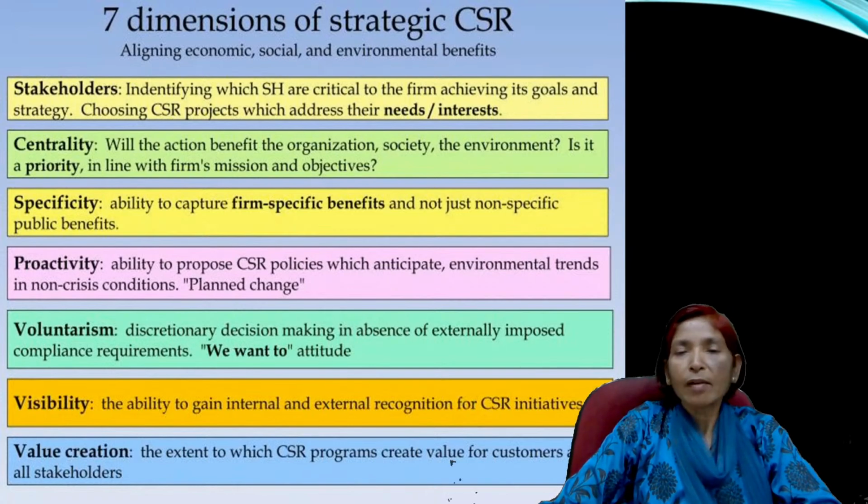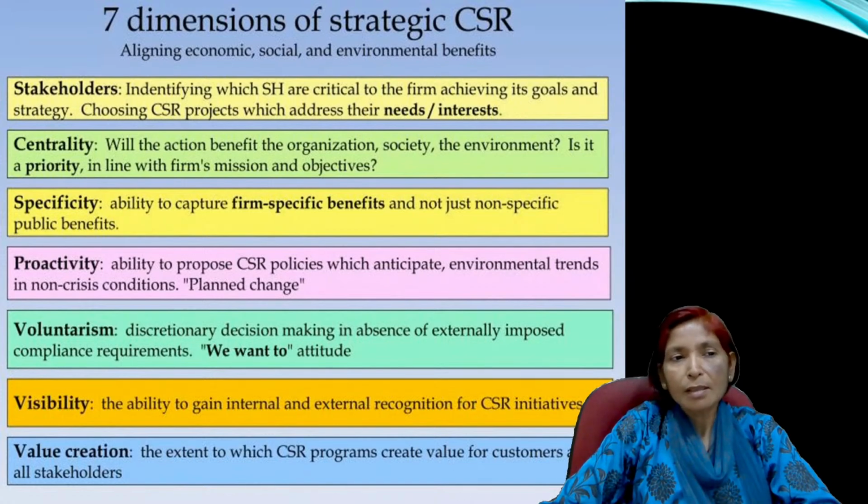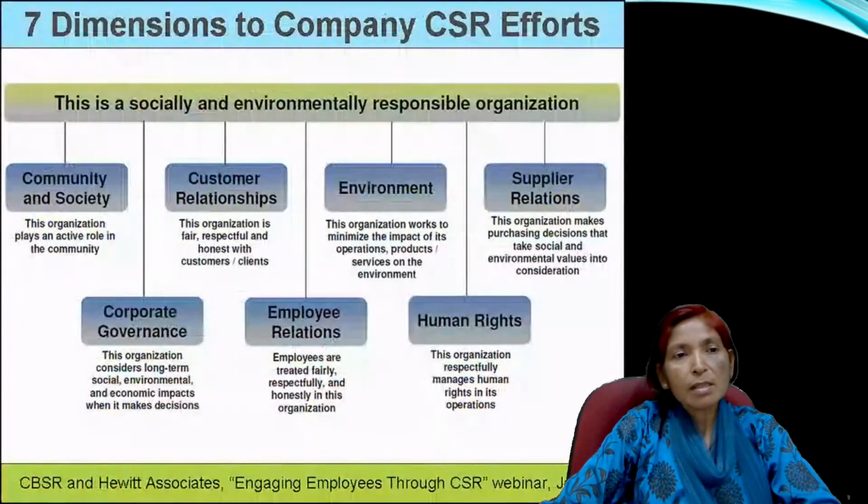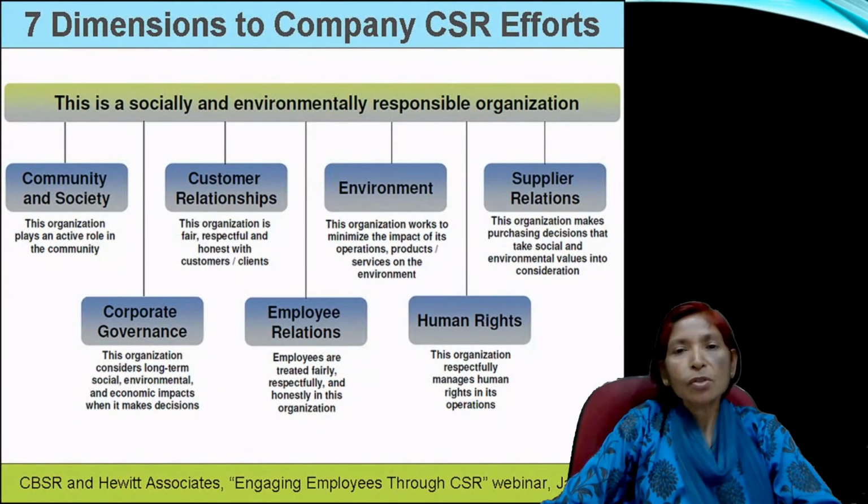So these are the seven dimensions of strategic CSR. One is stakeholder, second is centrality, third is specificity, fourth is proactivity, fifth is voluntarism, sixth is visibility, and seventh is value creation. Now next is seven dimensions of company CSR efforts.